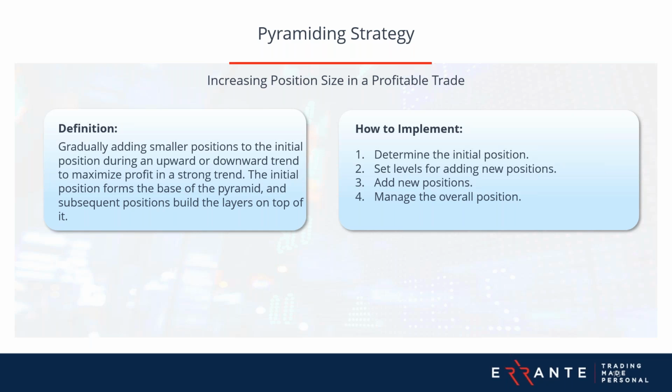So let's take a look at the implementation steps. First, we have determining the initial position. To start, you need to identify and enter an initial position based on a thorough analysis and a clear trend signal. You see, guys, this is a risk management strategy. It has nothing to do with the trading strategy based on technical analysis or fundamental analysis.